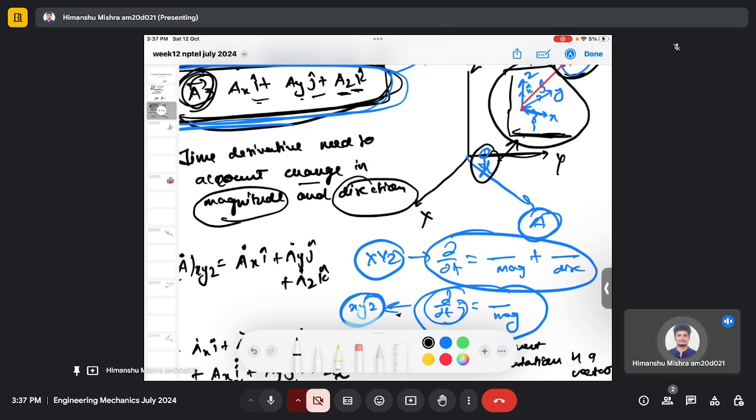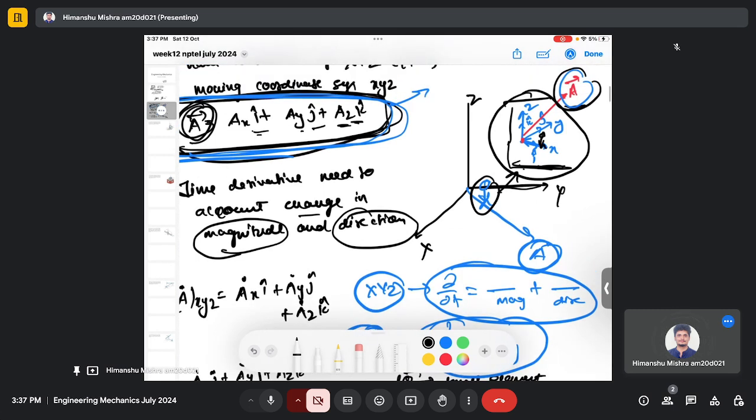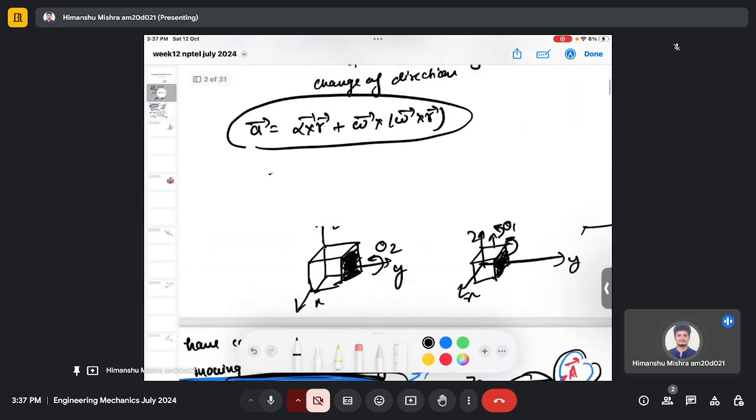But if you are sitting in the moving frame here, you can only see how the magnitude of the vector is changing, but you cannot see the direction of the vector changing, because vector A itself is written in the moving frame coordinate. So you and vector A both are in the moving frame coordinate, and you cannot see the direction of A changing, right? Let's say this can be explained with an example.